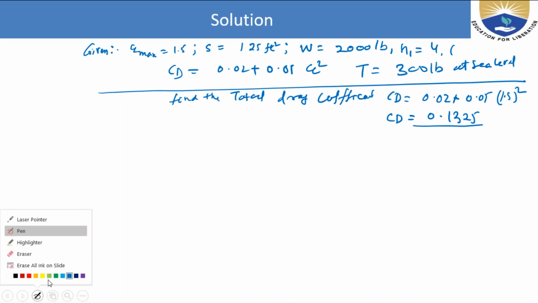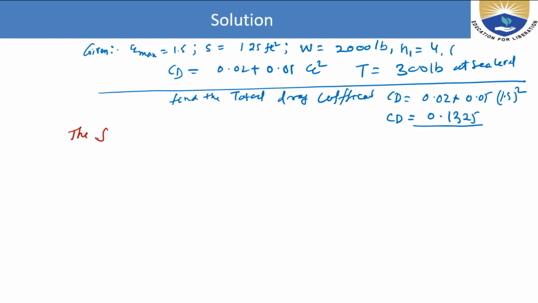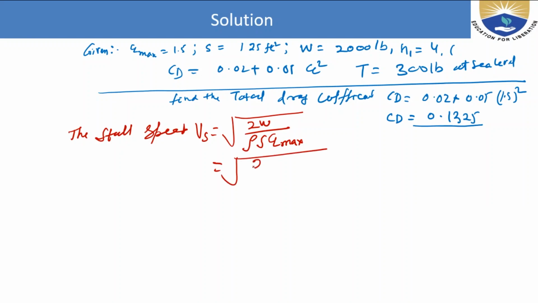Now I will change the other color. We have to find the stall speed, and stall speed is, we know that Vs is equal to under root 2W divided by rho S CL max. So here W is given 2000 pounds divided by rho is equal to 0.002377.